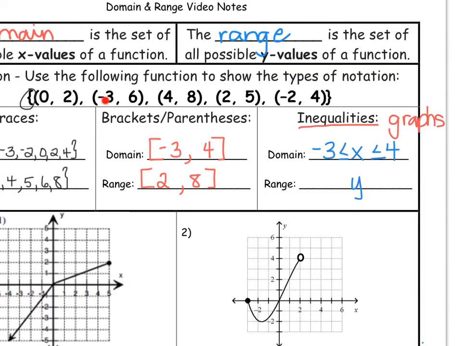Using this same relation up here, for the range, our y values: our smallest y is 2, our largest y is 8. So y is greater than or equal to 2 and less than or equal to 8. And again, this inequality notation we're going to be using for the graphs below.